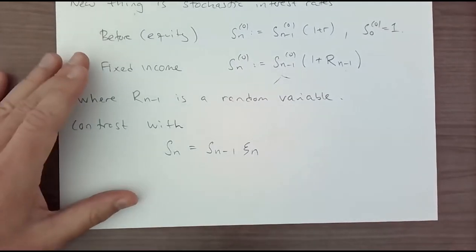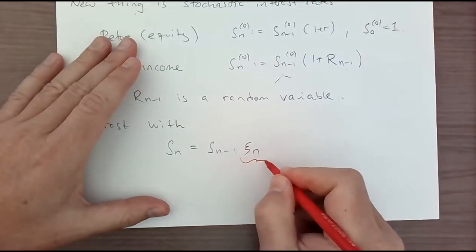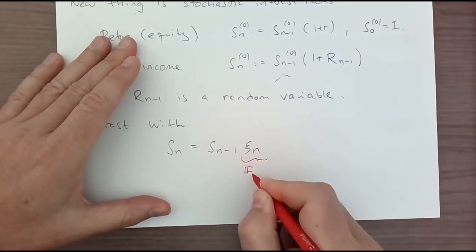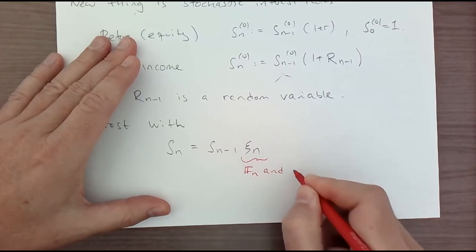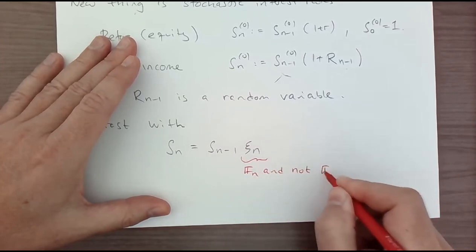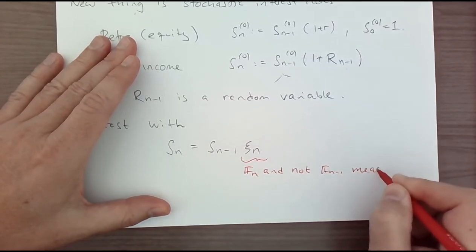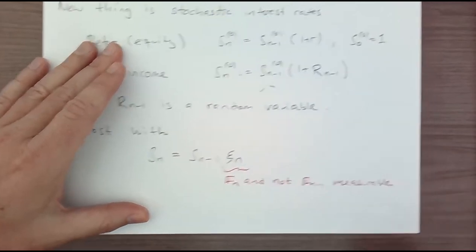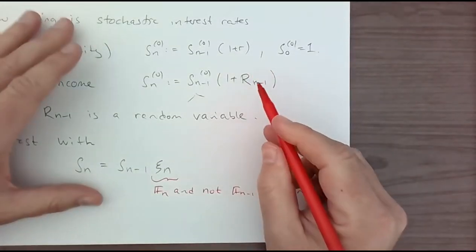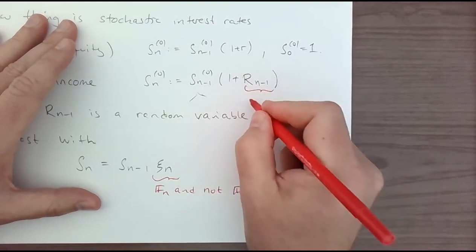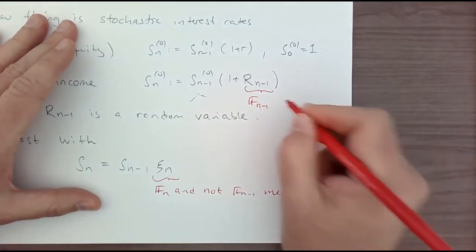So for here, this is going to be Fn and not Fn minus 1 measurable. This one up here is going to be Fn minus 1 measurable.